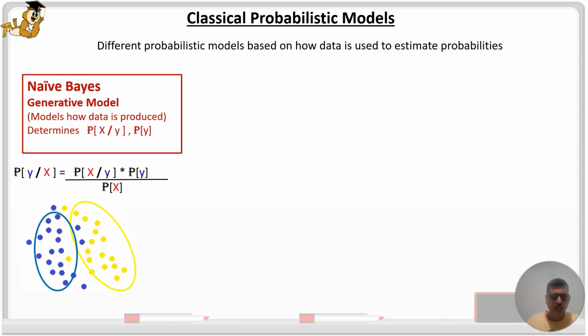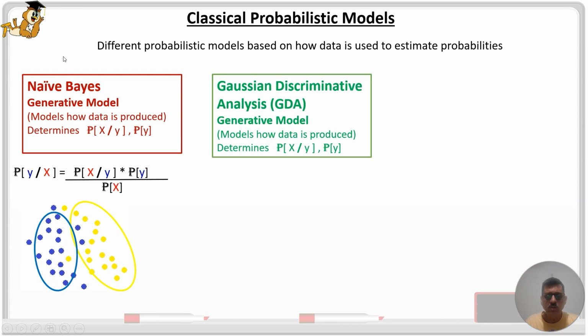Okay, great. So this is the first model that we are going to study, the naive Bayes. What I have not described yet is why the word naive, and that we will explain when we look at this model in detail. The next model that we are going to talk about is the GDA, the Gaussian Discriminant Analysis. It is also a generative model. It models how data is produced, and in other words, it models probability of X given Y and probability of Y. Now, how does it differ from naive Bayes?